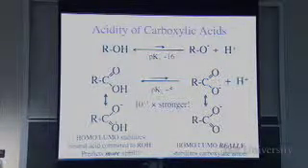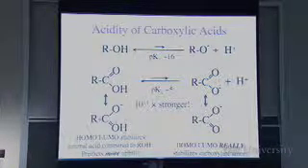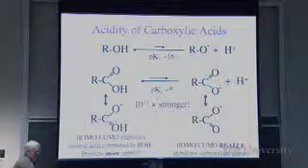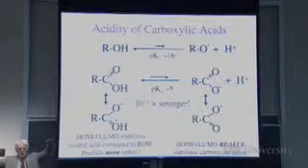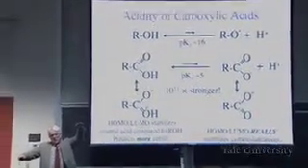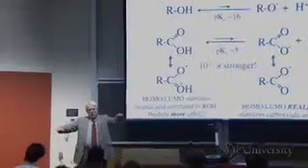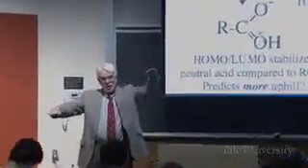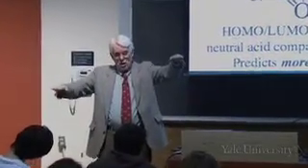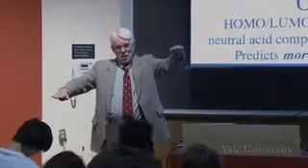Which should be more important? The amount of extra stabilization on the left, here's what it was for an alcohol originally, right? We stabilize it on the left and we stabilize it on the right. Which is more stabilized? The carboxylate or the original alcohol?